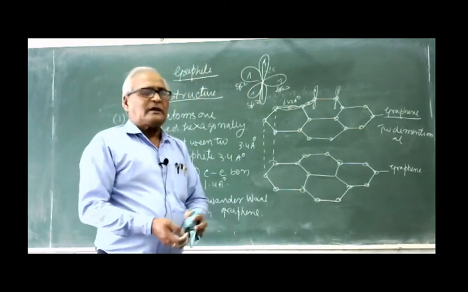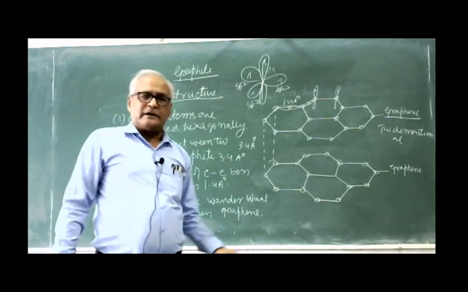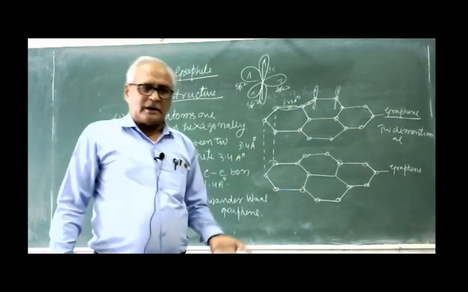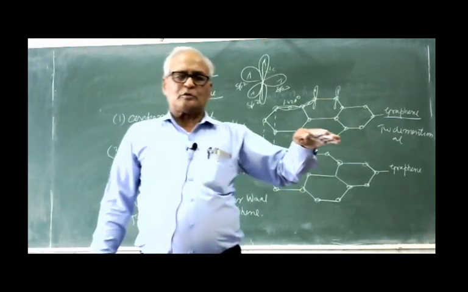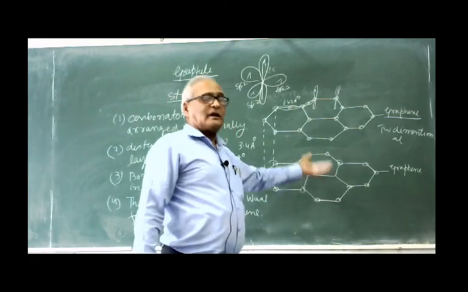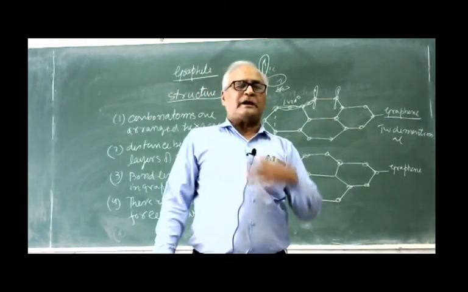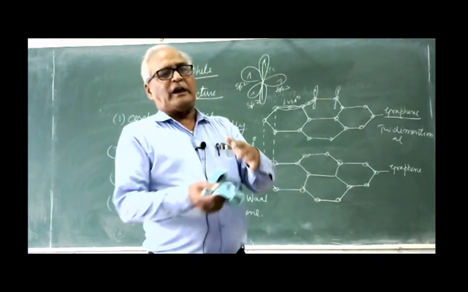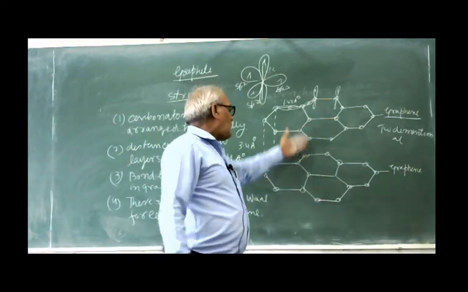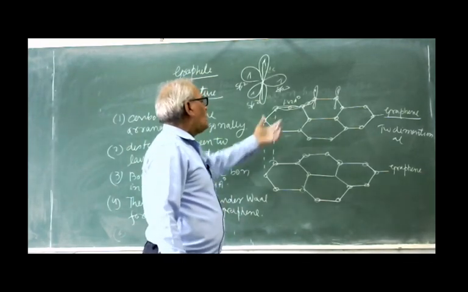So in this way, in short, you can have an idea about the graphite: it consists of carbon, in a hexagonal two-dimensional arrangement. There are different layers called graphene, and there is a weak van der Waals force between layers. Distance is 3.4 angstrom.